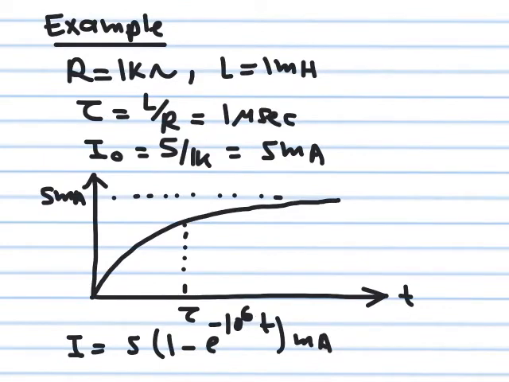Okay, let's get a feeling of the numbers. In the previous circuit I've shown you, if the resistance has a value of 1 kilo ohm, the inductance is 1 millihenry, 10 to the minus 3, then tau is L over R, 10 to the minus 3 divided by 1k, which will give you 1 microsecond, 10 to the minus 6 seconds.